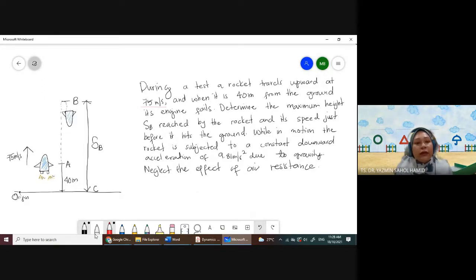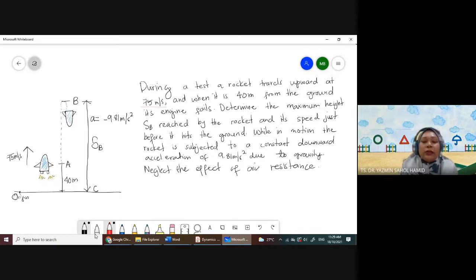Don't forget, negative. Due to gravity, it is going down, that's why there's a negative. Neglect the effect of air resistance. Now the question is, determine the maximum height it reached before it reached the ground.